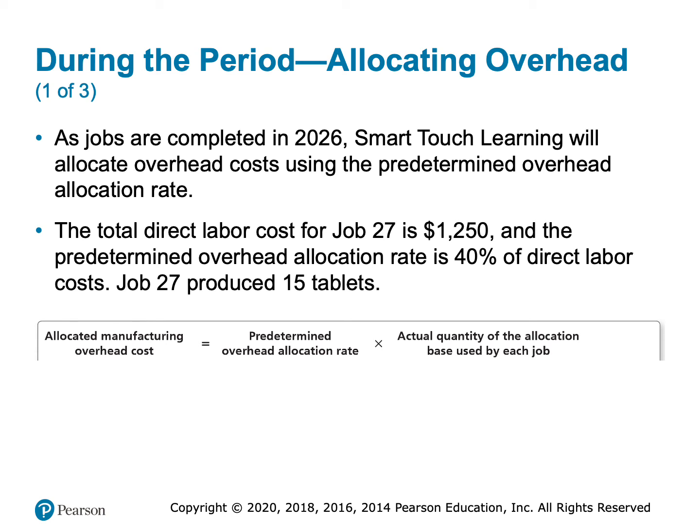We're going to apply overhead to this job on the basis of 40%. So we're going to multiply 40% by $1,250, and that gives us $500. So we're going to apply overhead of $500 to job 27.